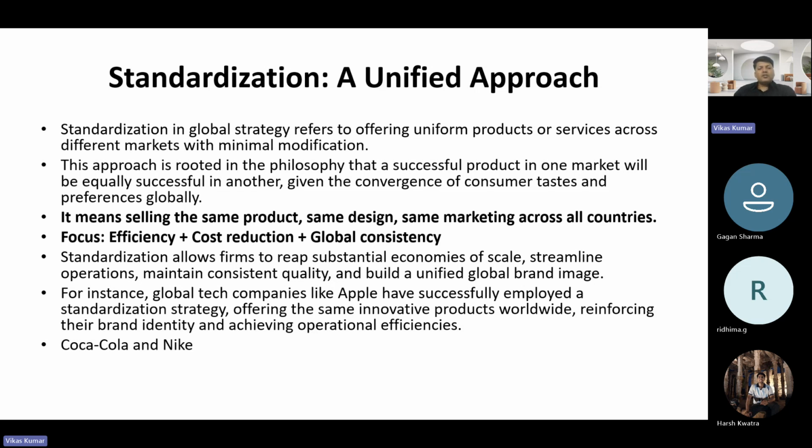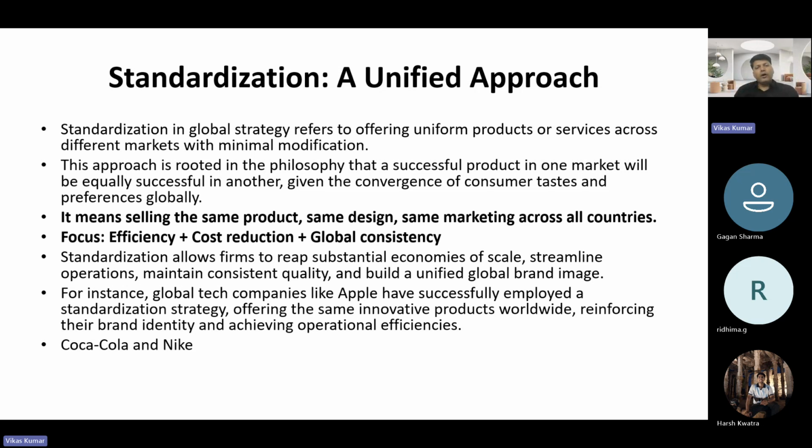This approach is rooted in the philosophy that a successful product in one market will be equally successful in another market, given the convergence of customer or consumer taste and preference globally. Because of globalization or liberalization, as we have discussed in the last unit itself, customer tastes and preferences are converging to one point.